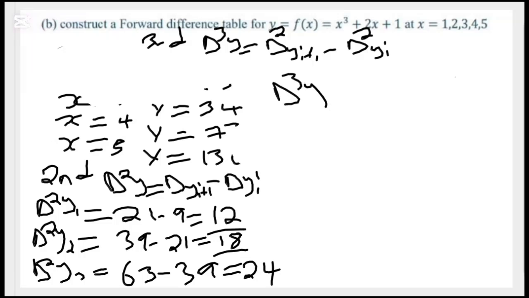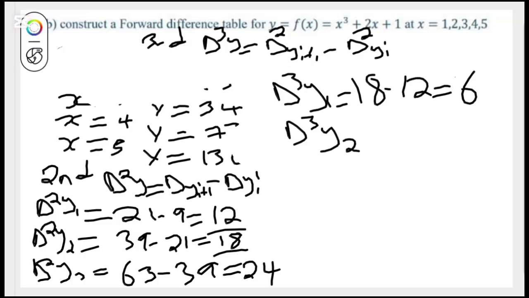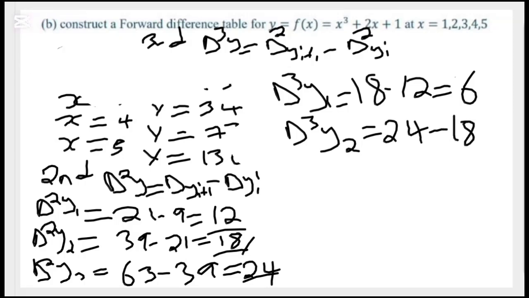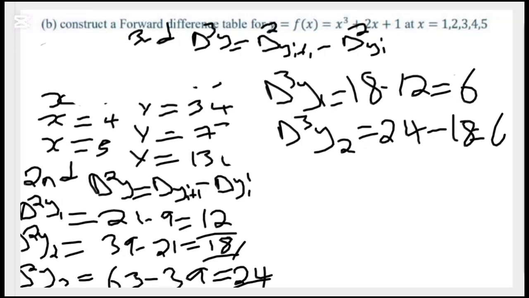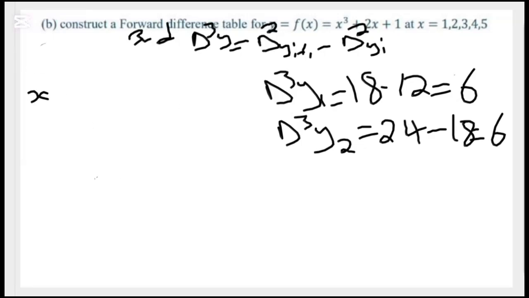I'll say d cube y1 is the same thing as 18 minus 12, I'll get 6. And the d cube y2 will be 24 minus 18, and I'll get 6 also.